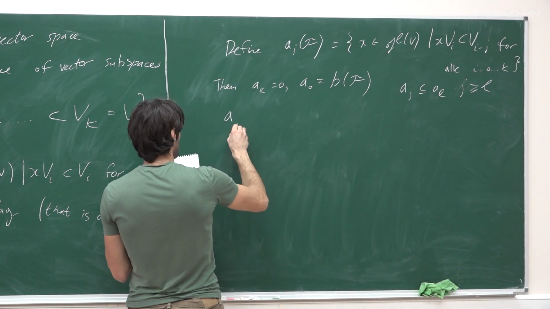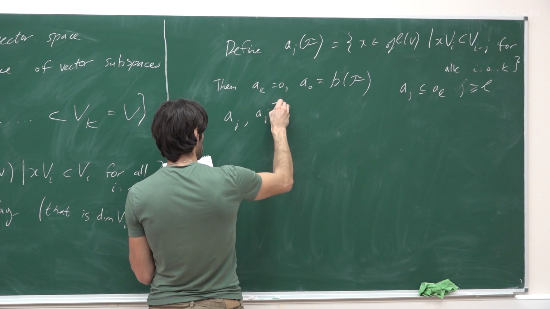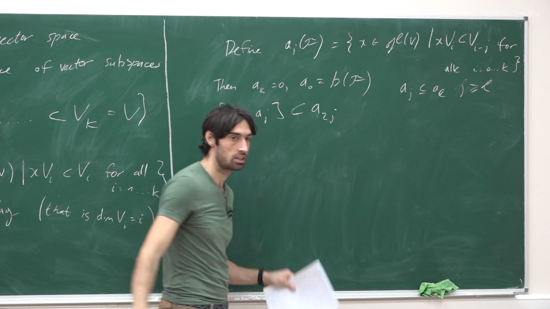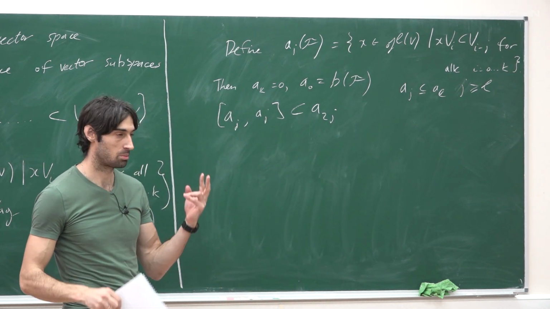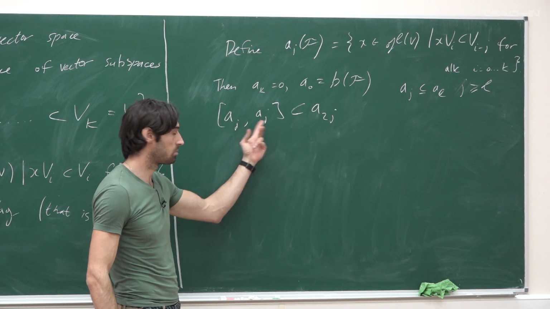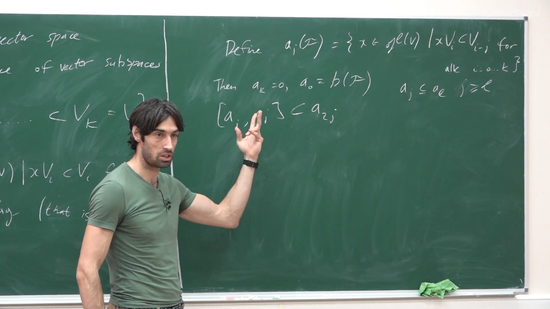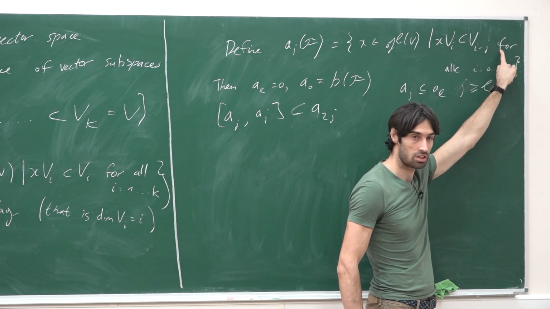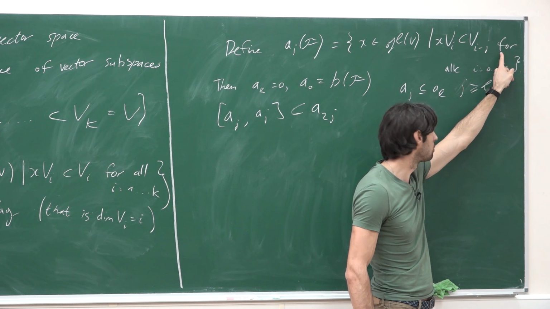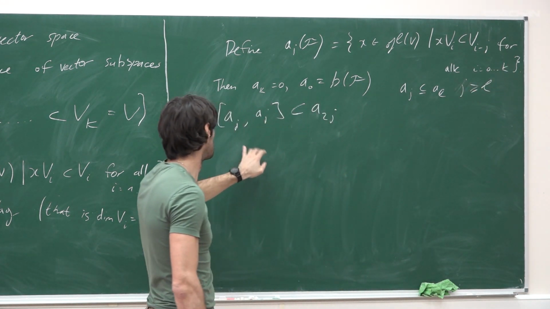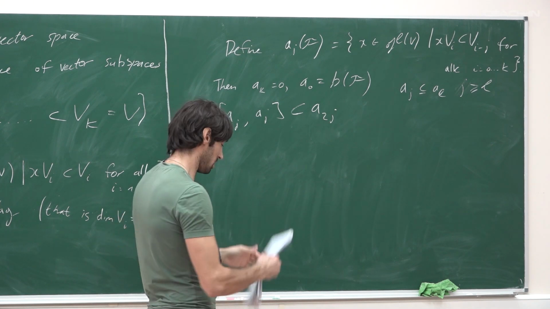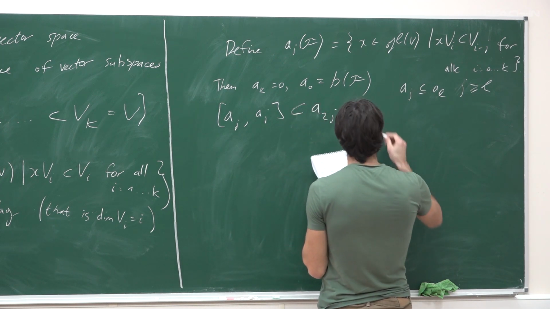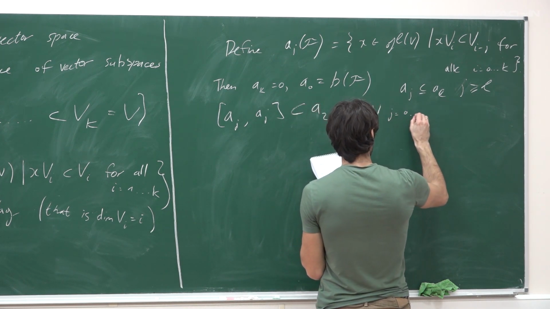And if I compute the commutant of A_j and A_j, it will be inside A_{2j}, right? Because it's just a composition of elements from here and here in two different ways. I first decrease the index by j and then decrease it by j another time. So it's inside A_{2j} for every j from 0 to k.